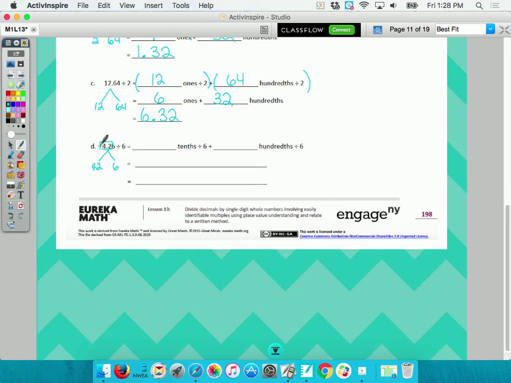No. So I had to combine it with the tenths. So 42 tenths is divisible by 6. And how many hundredths are left over? 6. And is 6 divisible by 6? Yes. It is. We're going to finish this one before we leave.